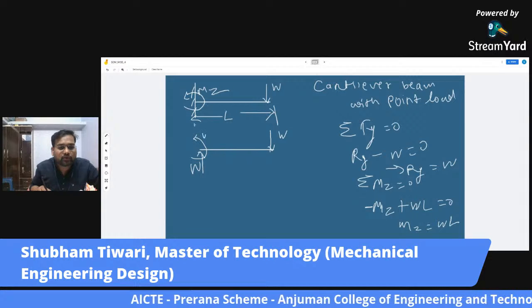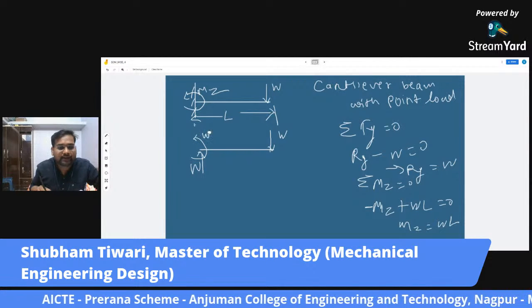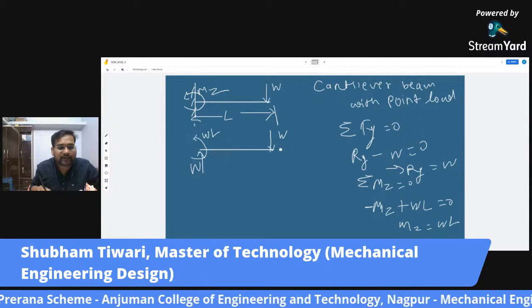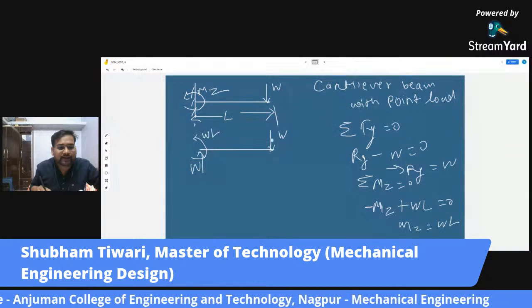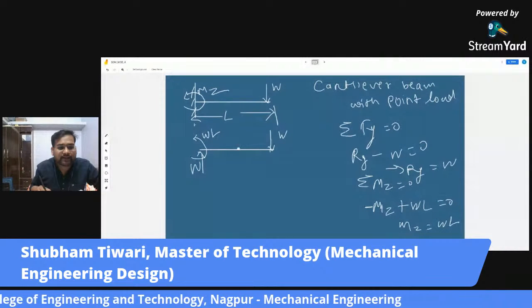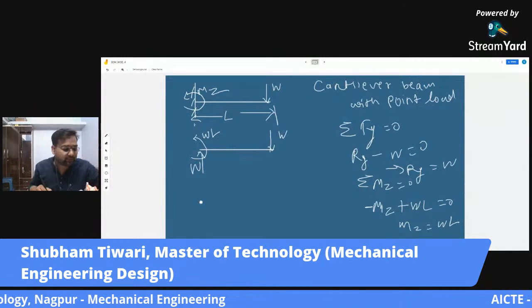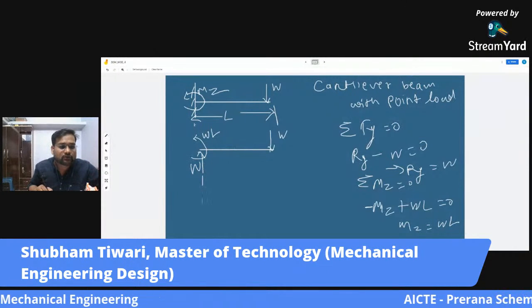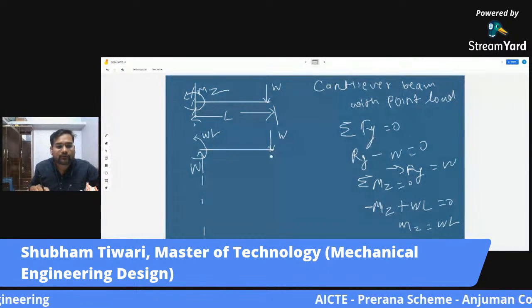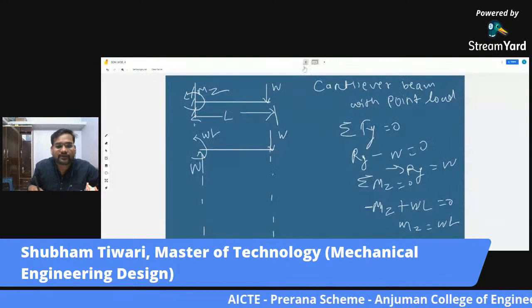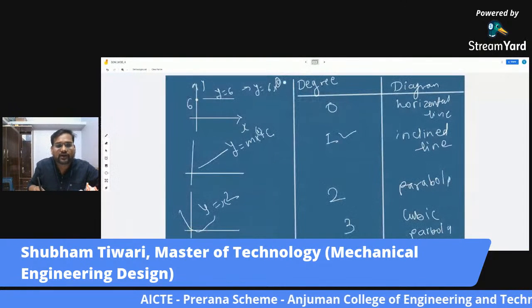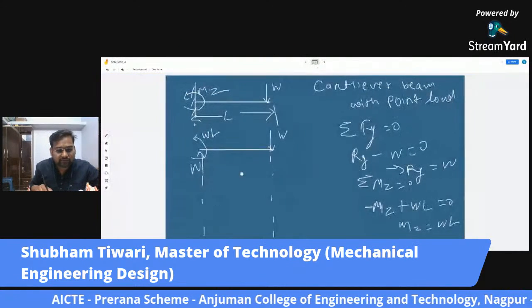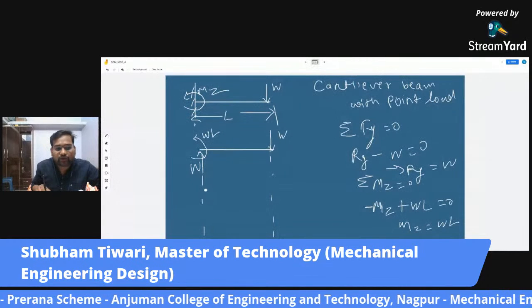So this is W into L in the anti-clockwise direction. Now let us first draw the SFD. Do you see any diagram here? Any rectangle, triangle, nothing. So now we will draw the shear force diagram. For that, I told you what our first diagram is, with 0 degree. It is a horizontal line. Let us see how it works.